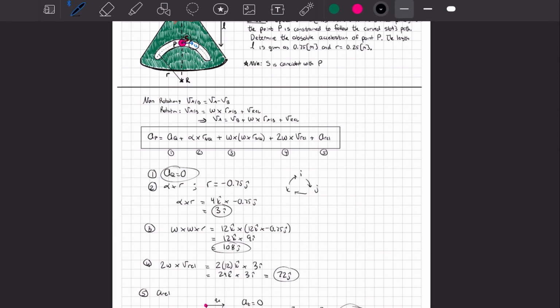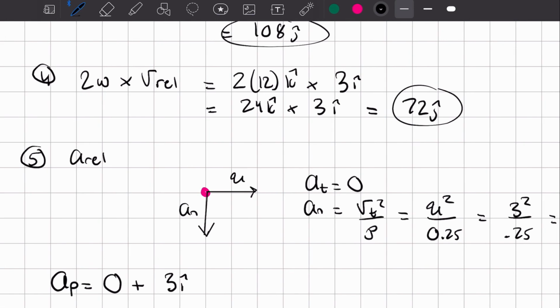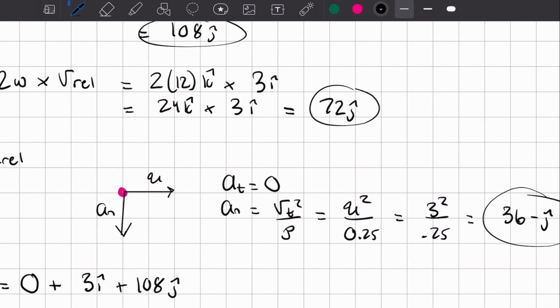Okay, so now we have calculated all of our values for the 5-part acceleration equation, and now we're just going to plug in. So AP is going to be equal to 0 plus 3 i hat, which comes from the tangential acceleration. We're going to have a plus 108 j hat, and that comes from the normal acceleration.